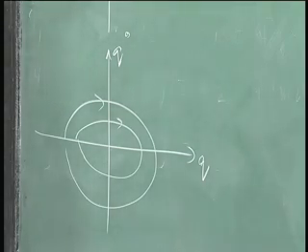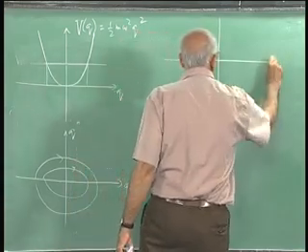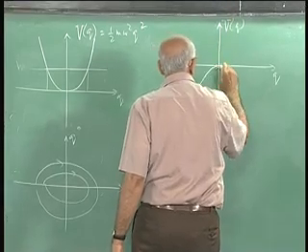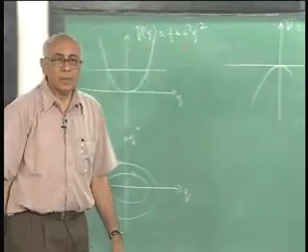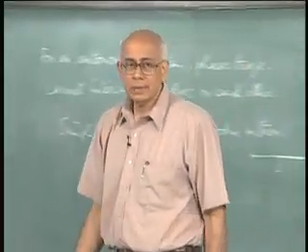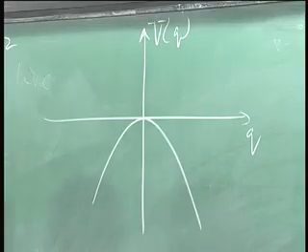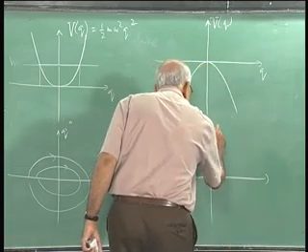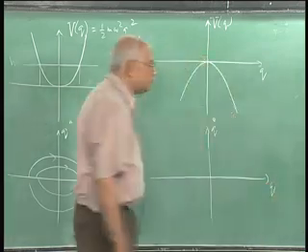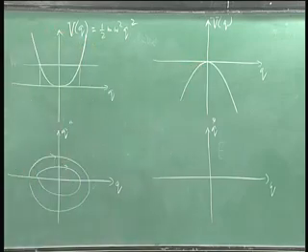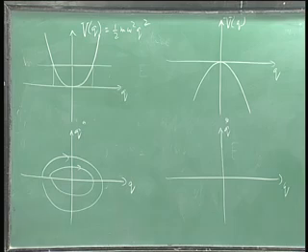What happens if I took this potential and inverted the sign? So this is an inverted parabola. What would this motion look like? Well, let us try to guess. Here is q dot, here is q. If the particle starts with q equal to 0 and q dot equal to 0, it stays there, because there is no change anymore.